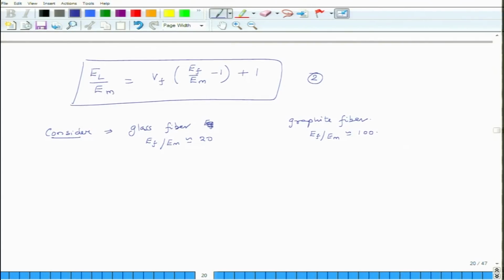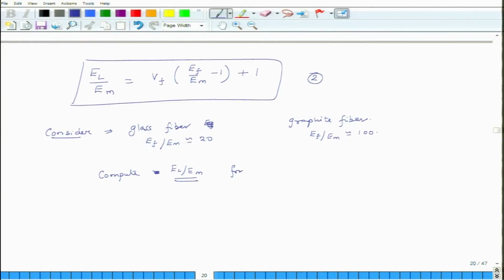So, we want to compute this parameter EL over EM. See, if there is no fiber, then the modulus will remain the same as EM. We want to see that if we add even a small amount of fiber, how much does the modulus of the composite change.